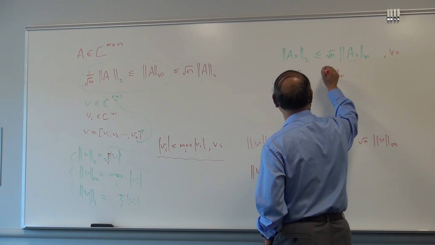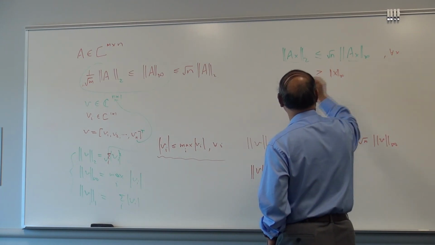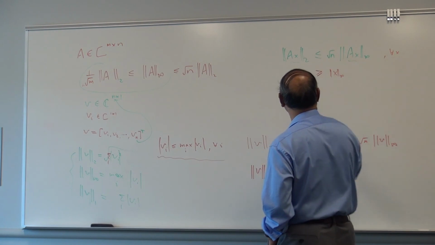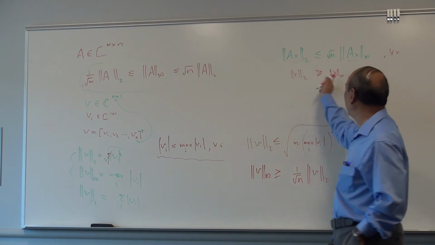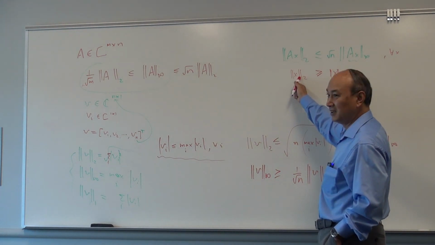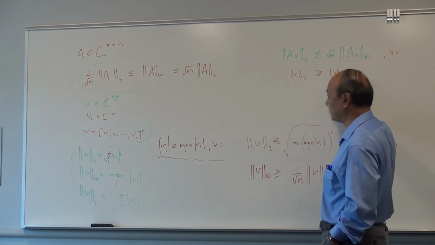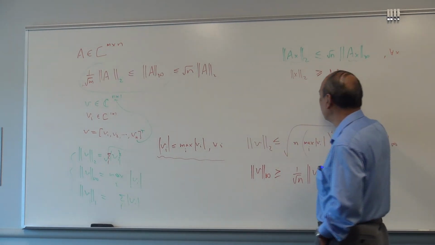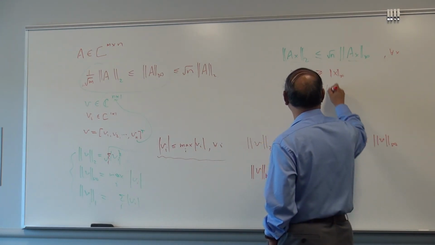Okay, sorry. Is this true? Because the maximum guy is already here, and I add many others, and the square root is of course bigger than this. So in other words, this is less than.